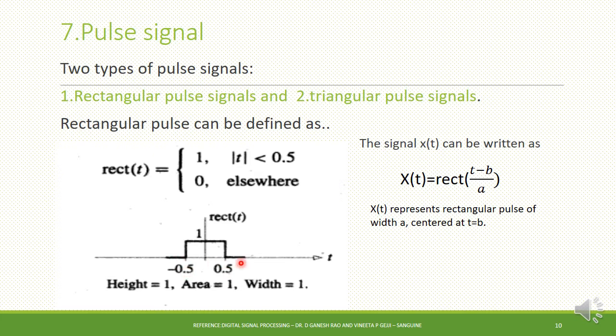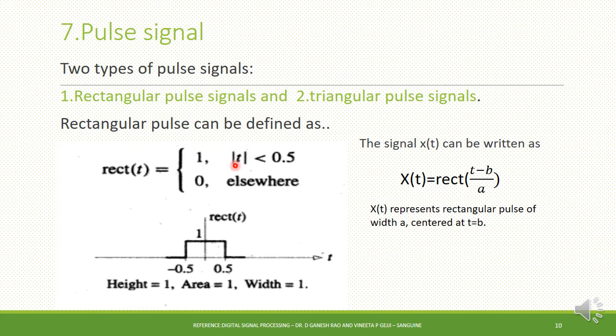For other values of t, above plus 0.5 and below minus 0.5, the RECT value is equal to 0. Next, the height and the area are equal to 1, and the width is also equal to 1.